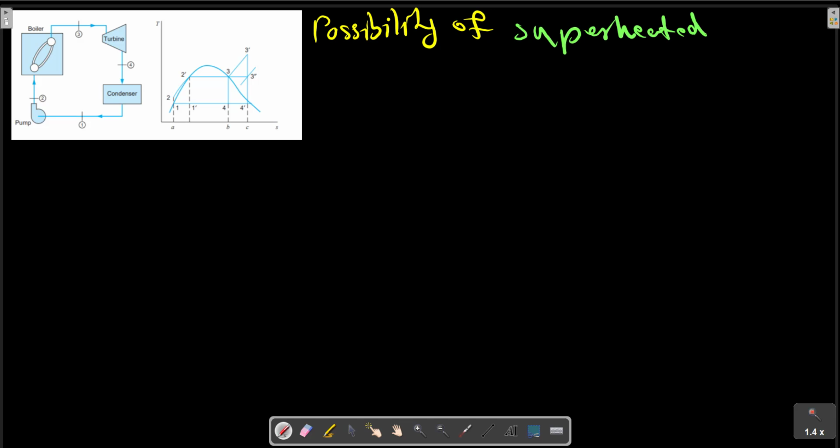With superheating, we have the states 1, 2, 3 prime, the superheated position, and 4 prime, and 1.